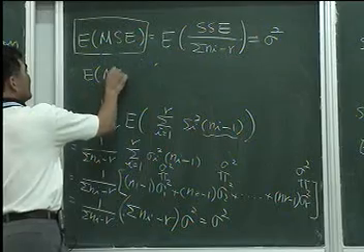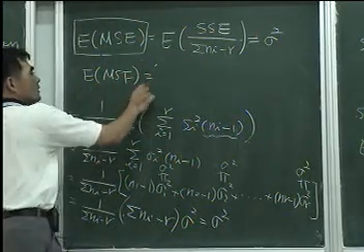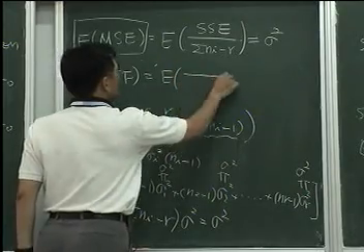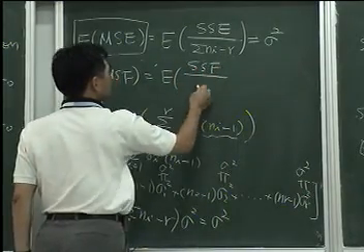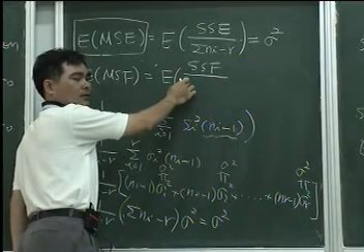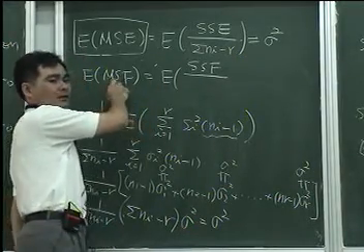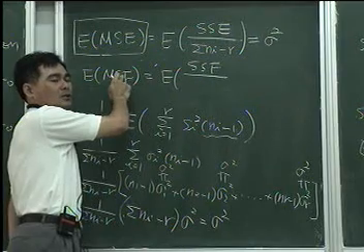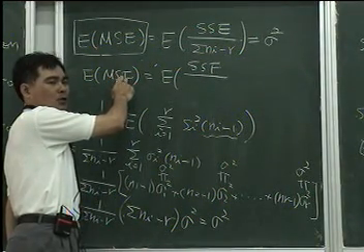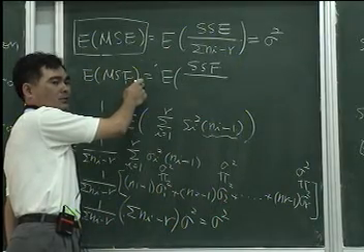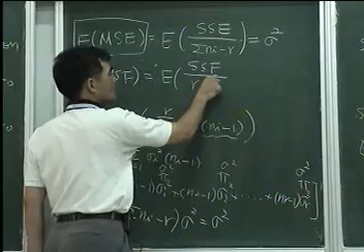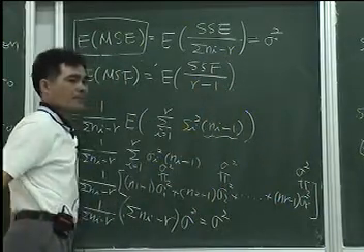Expectation of MSF is equal to expectation of SSF divided by what should be here? Because we are dealing with factor, right? So that's machines. The difference for the machines with respect to the whole sample, right? So we have R machines, so it should be R minus 1, right?